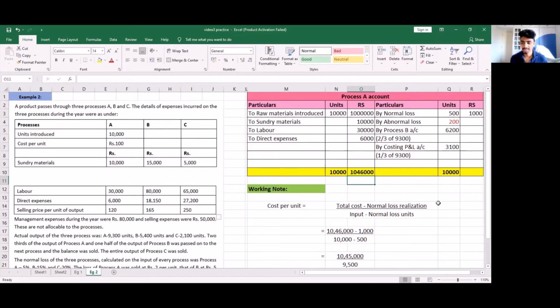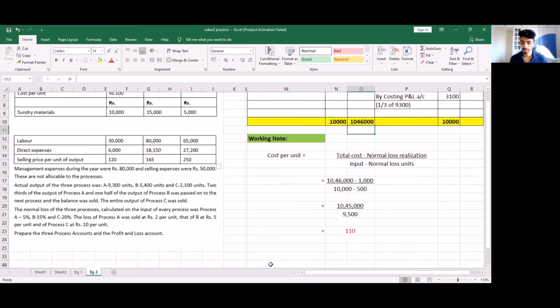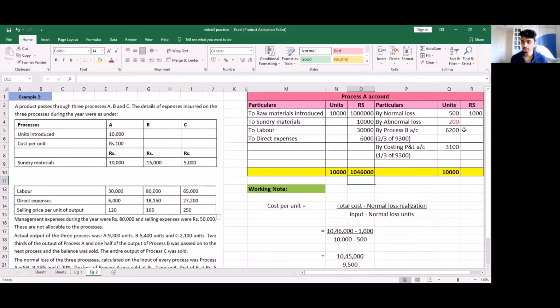Our normal loss realization is 1,000. We divide this by input minus normal loss, so that's going to be 10,000 minus 500. By doing this, we get the cost per unit as 110. Now let's go on to multiply 110 with the units to find our abnormal loss and output.